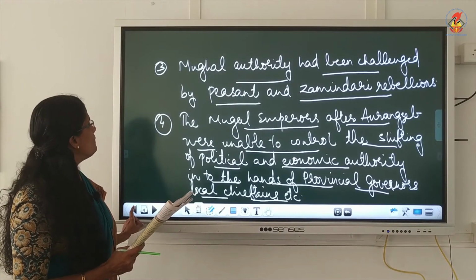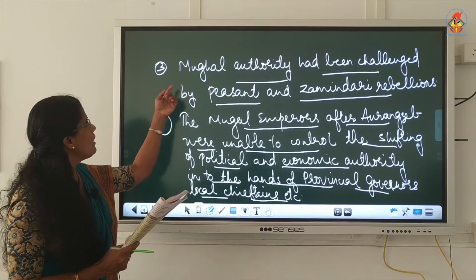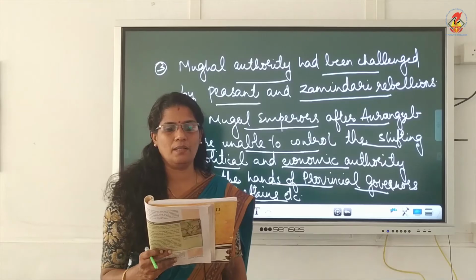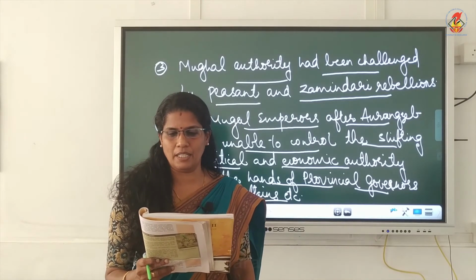It is written here, make the sentence like this. Third one, Mughal authority was being challenged by peasants and zamindari rebellions. Because it is given as a full paragraph, you can make it a small sentence. Write it down like this.